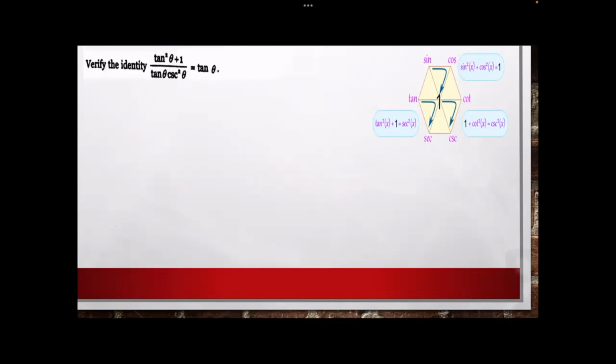Let's move. We have here the tan squared theta plus 1 over tan theta and cosecant squared theta. So, in this case, we need to verify if the given is equal to tan theta.